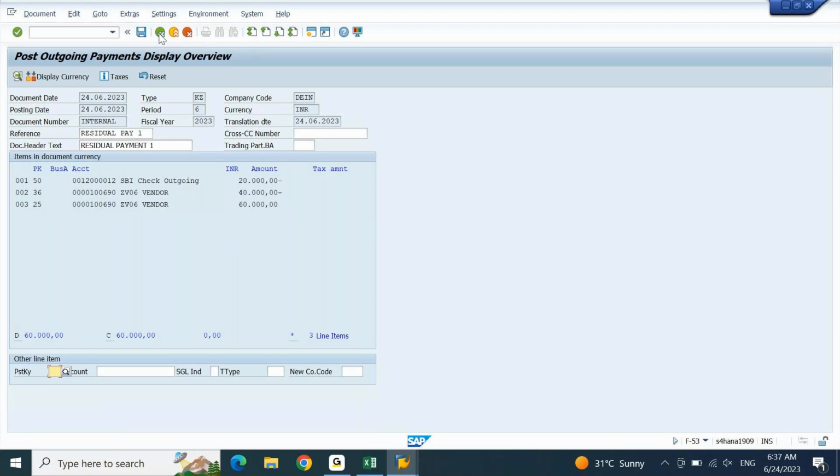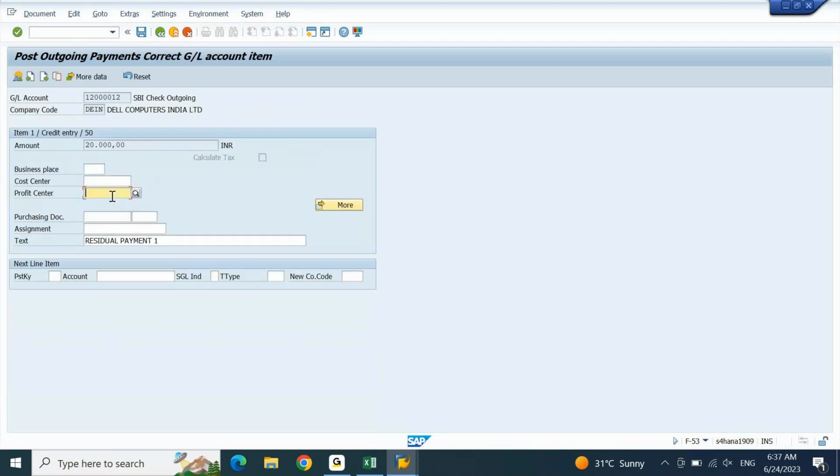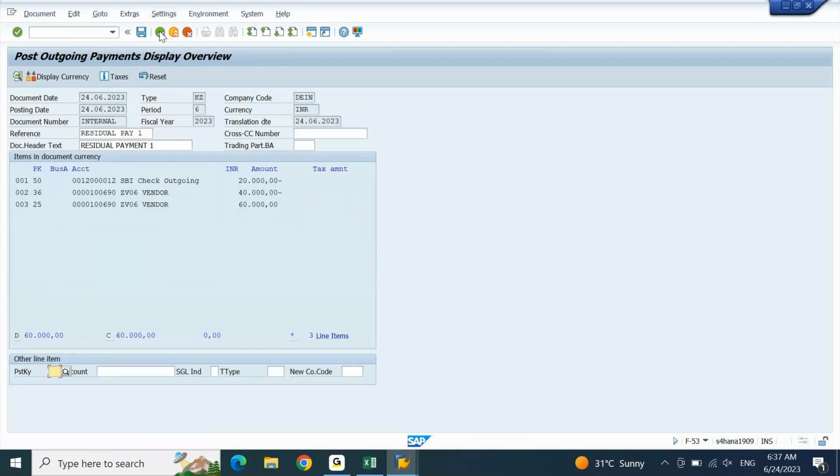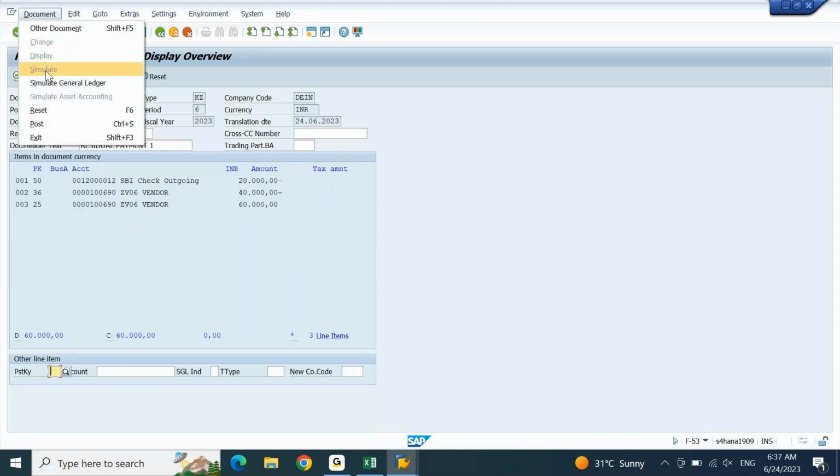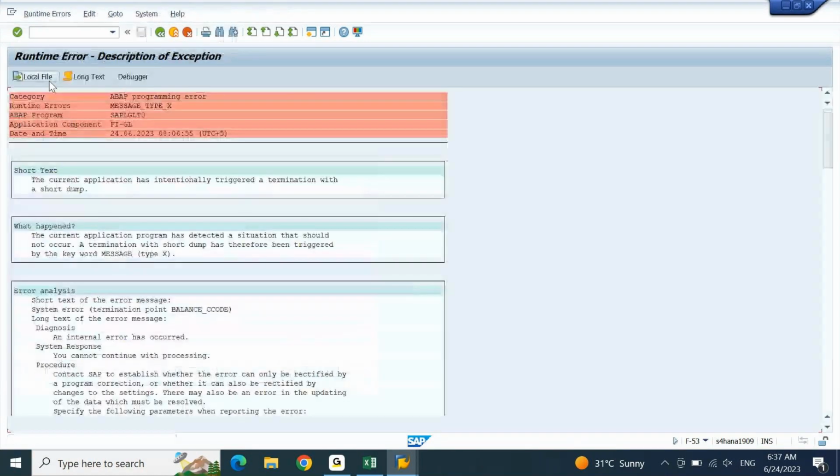Let me go to the bank account and I'll try to put a profit center here. Let me go back. Now I have put the profit center. Let me try to simulate general ledger now. Still we are getting the same error. But we do not know why the error is coming.